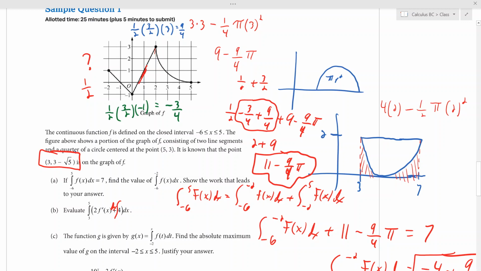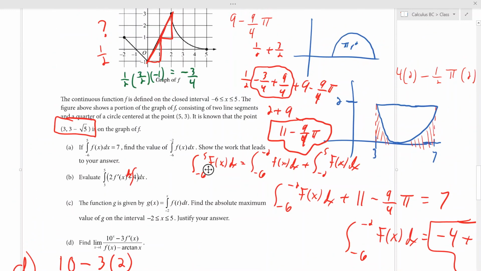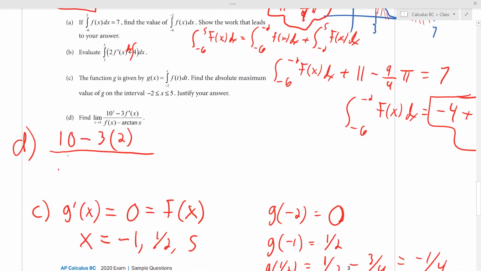At 1, well, the slope of that is 2, right? Over 1 up 2, over 1 up 2. So f prime of 1 is just 2. Over f of 1, which also comes right off the graph. I think it's 2, right? F of 1 is, oh no, f of 1 is 1. My erase feature is not working. There we go. F of 1 is 1. Yeah, I'm not really sure why they put this in here and didn't give us a L'Hopital's rule question. So it's 1 minus arctan of 1.